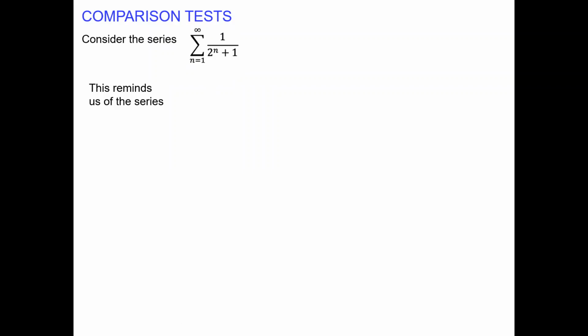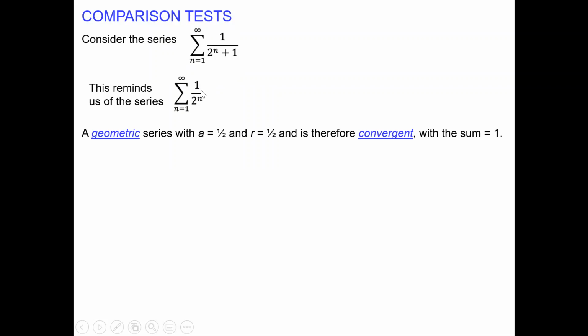That means this reminds us of the series of 1 over 2 to the n. It's definitely geometric with the first term 1/2, common ratio 1/2, and the sum is 1. Quickly, we know that formula, so that's really helpful, convergent.